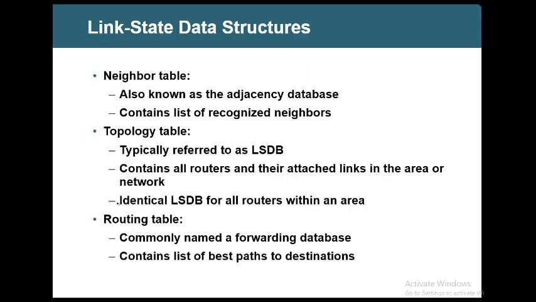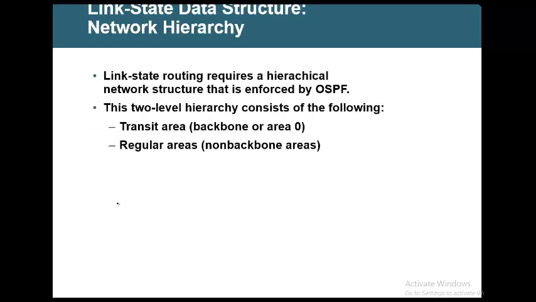We've got 3 tables: neighbor table, topology table, and routing table. And OSPF follows the hierarchy design. Area 0 is a transit area, which is also called the backbone area. Without this transit area, backbone area, there is no possibility of communication between non-backbone regular areas.